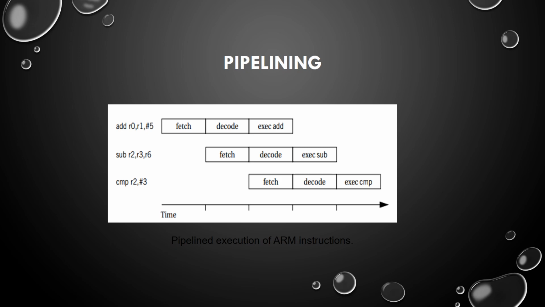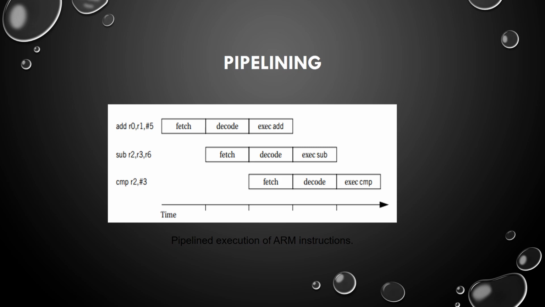Here there are three instructions: add, subtract and compare. During the addition operation, the pipelined instruction executes in a horizontal manner, that is fetch, decode and execution of the addition operation. During the second instruction, the pipelining has started.